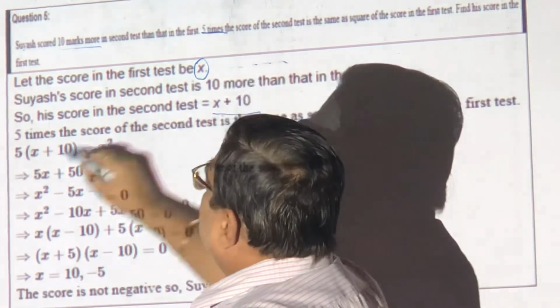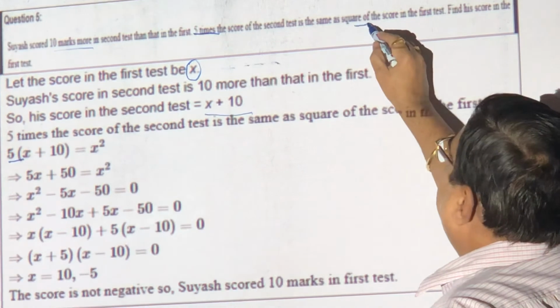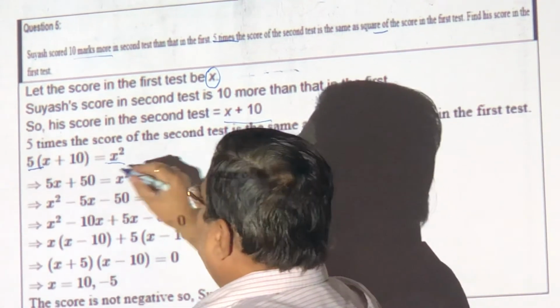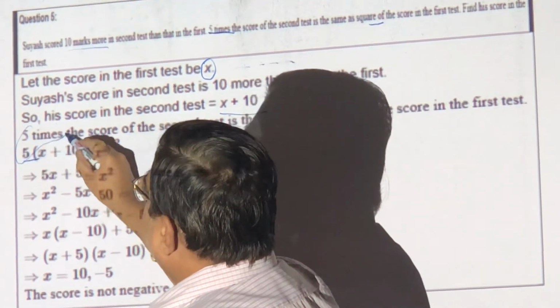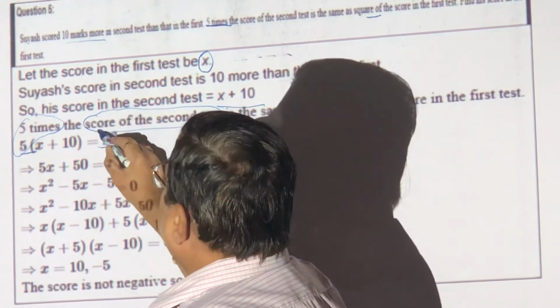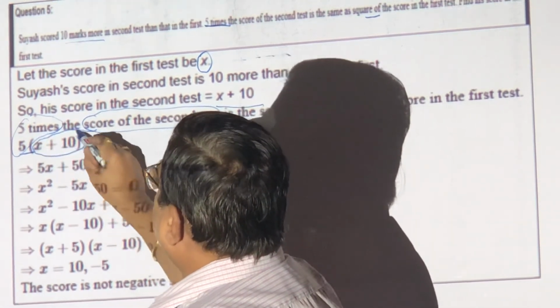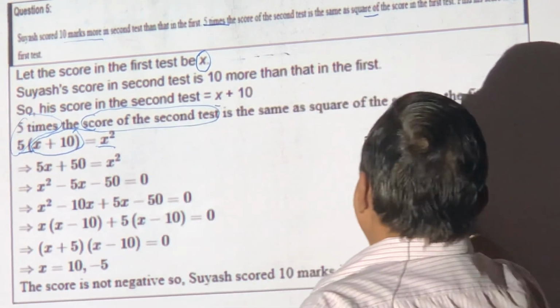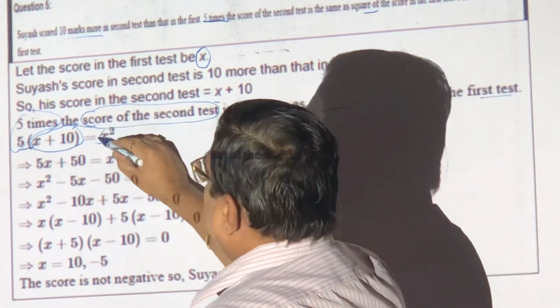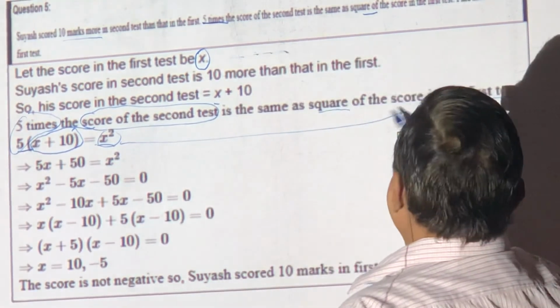5 times, multiplied by 5, is the same as the square of the first. So, I am reminding you: 5 times the score of the second test is the same as the square of the first test.